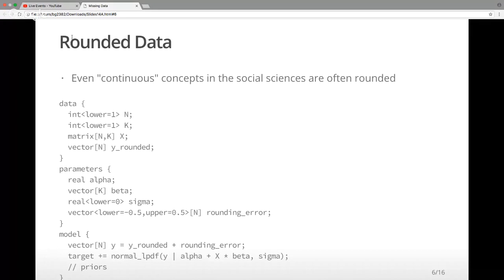Your little bit of uncertainty as to whether this thing was what you observe plus a quarter, plus a third, minus 0.43, whatever, your uncertainty as to what the true underlying continuous y would be is being propagated to your posterior distribution on alpha and beta in the appropriate Bayesian way. Again, not too difficult, unless you try to do this with OLS. Questions?